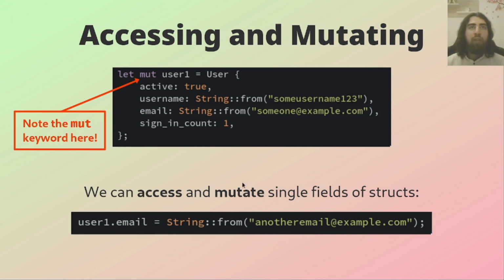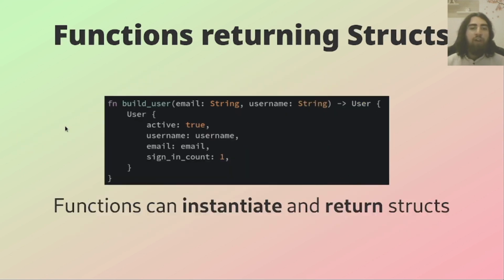Now, to mutate, you have to make the instance explicitly mutable, meaning you use the mut keyword here like you did with variables. And functions can also create instances and return them. In this case, we have the build user function, which creates an instance of the user struct.